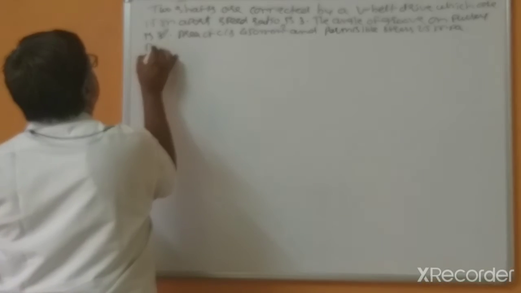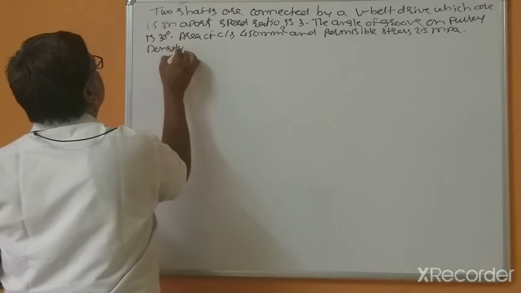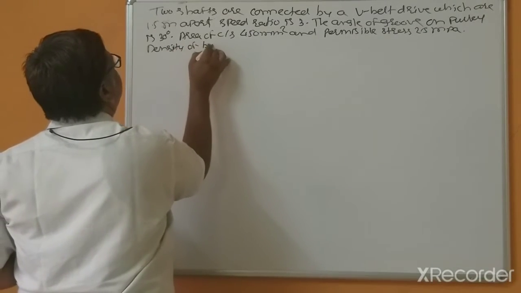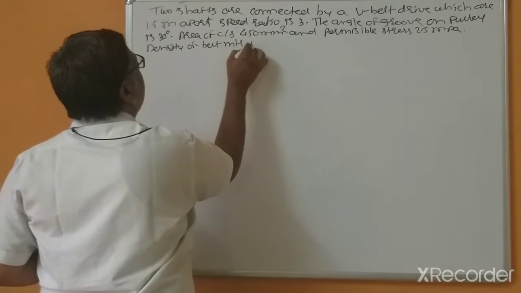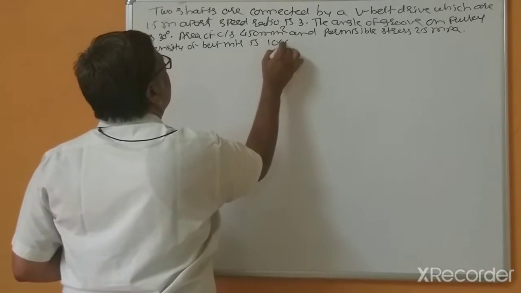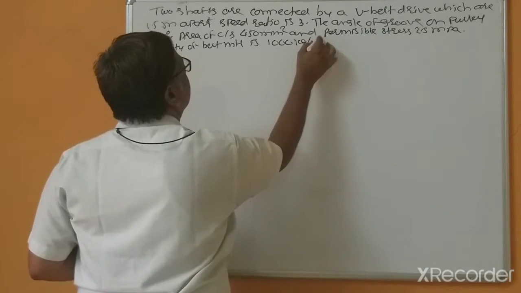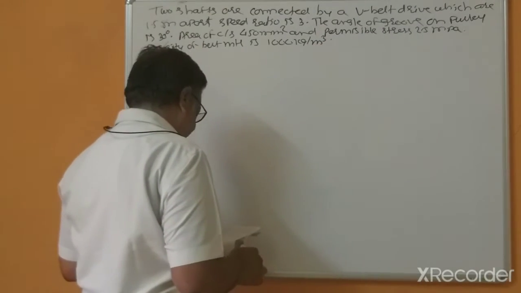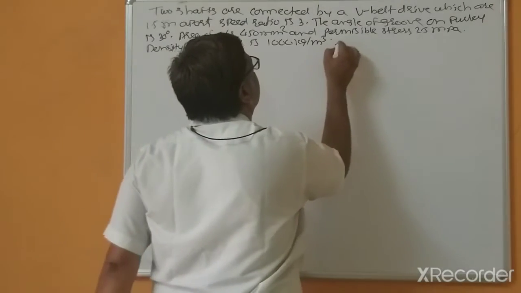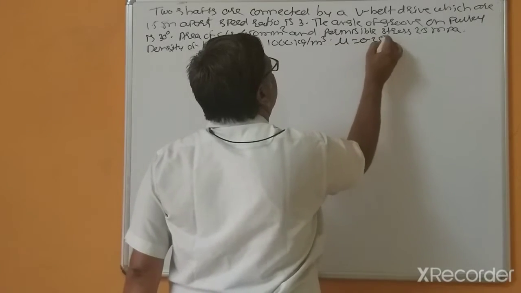Density of the belt material is 1000 kg per meter cube. Mu equal to 0.25.